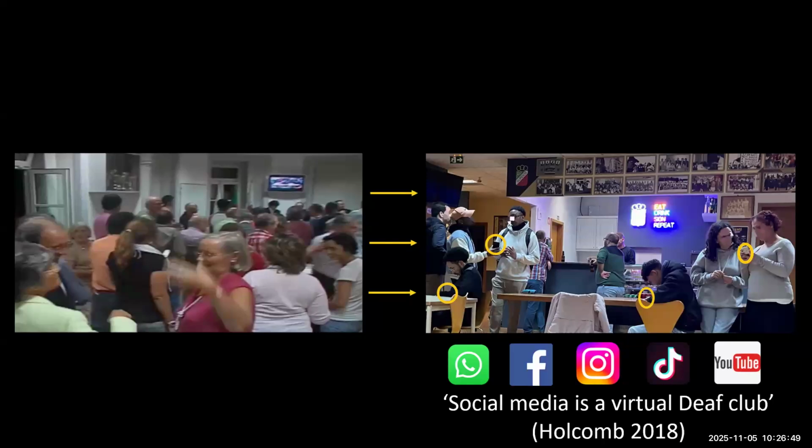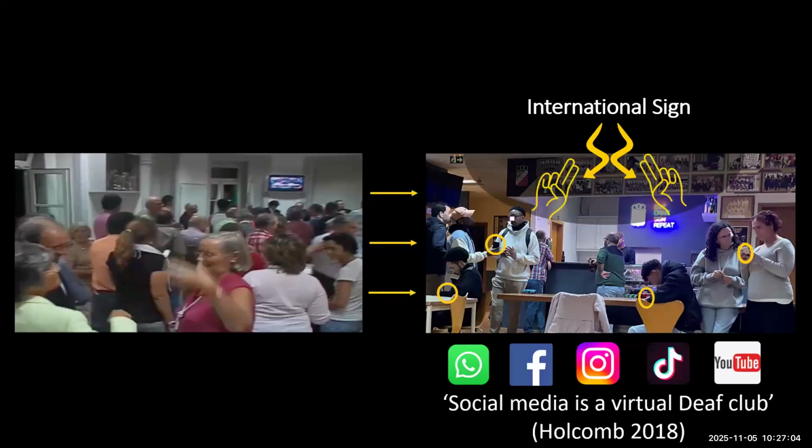And we see this idea permeating in deaf communities now. So social media gives deaf people a virtual space. And it's true. We see this when people maybe don't necessarily have the opportunities to go to physical deaf spaces in the way they used to, and instead they access these spaces online. It's the new deaf club.